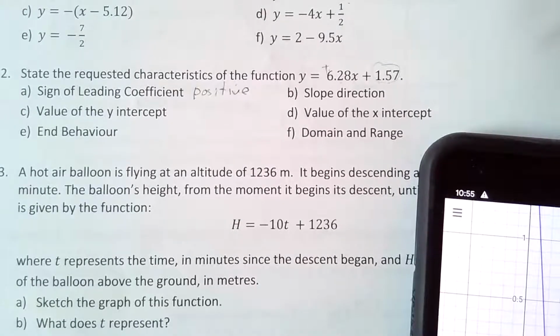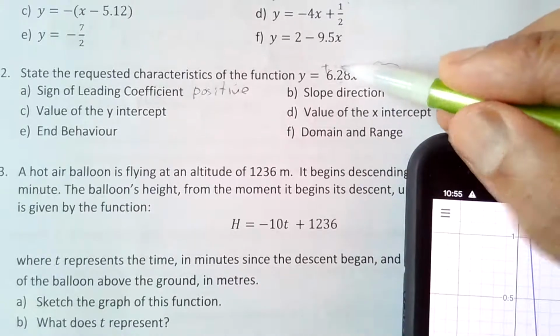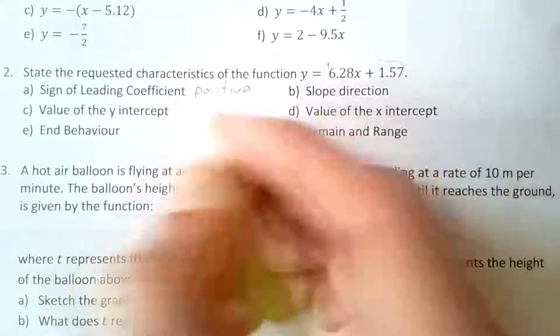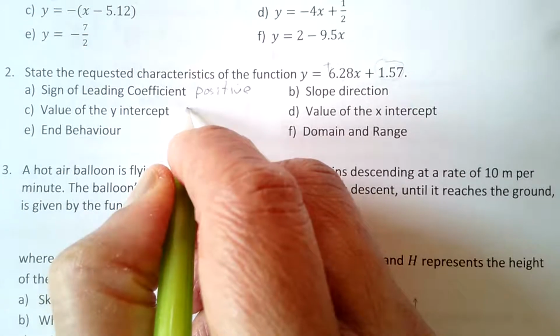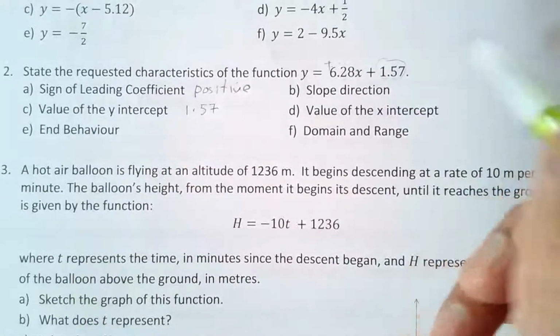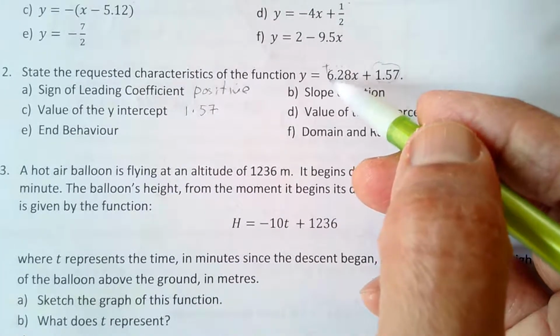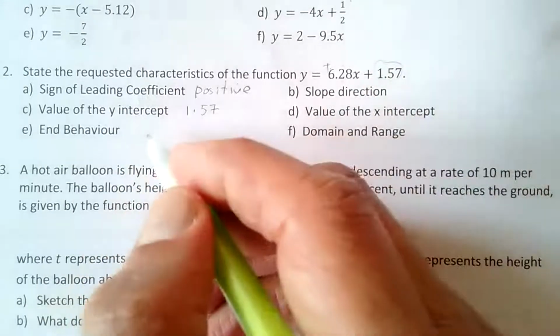Remember the equation y equals mx plus b, this is your slope. So we do the y-intercept, 1.57. I'll show you this on your graphing calculator or Desmos. Now, because it's a positive slope, the end behavior is from quadrant 3 to quadrant 1.